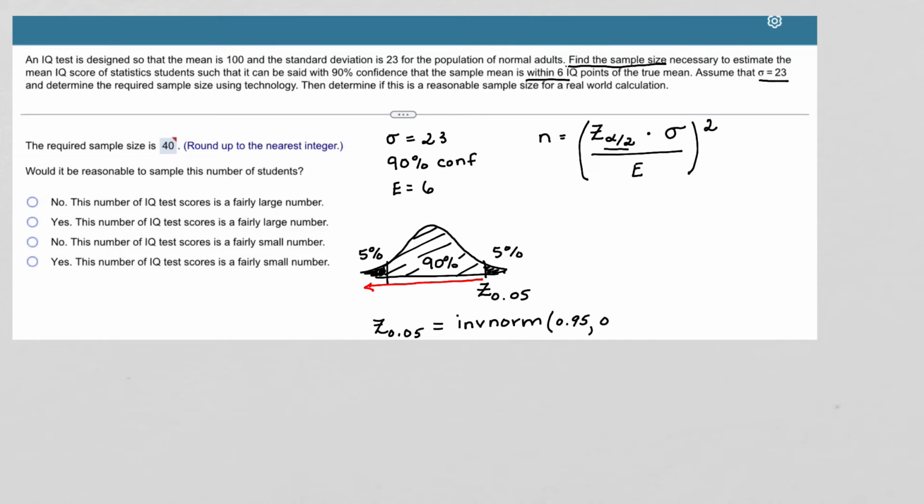And then I can say the mean is 0 and the standard deviation is 1. Because we're looking for a z-score, we're not looking for a score in terms of the problem. So when I put that in, I get 1.645.